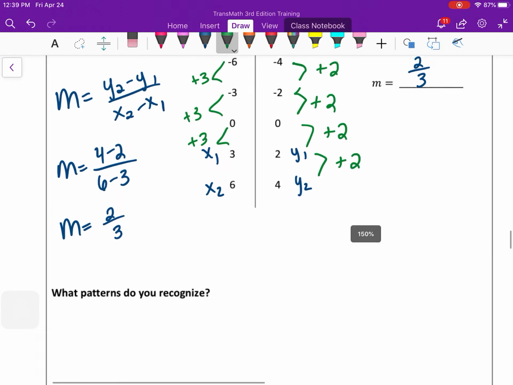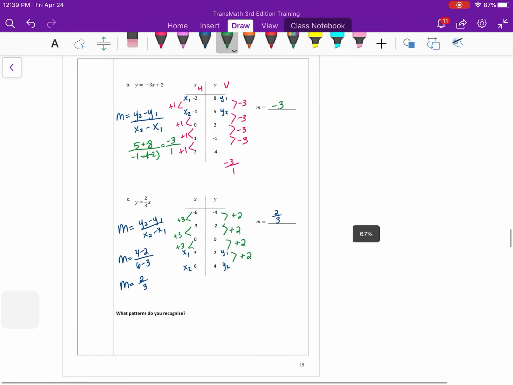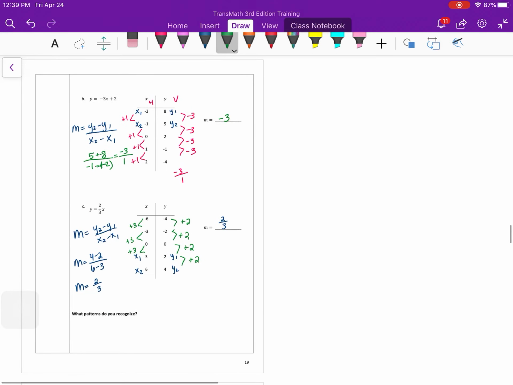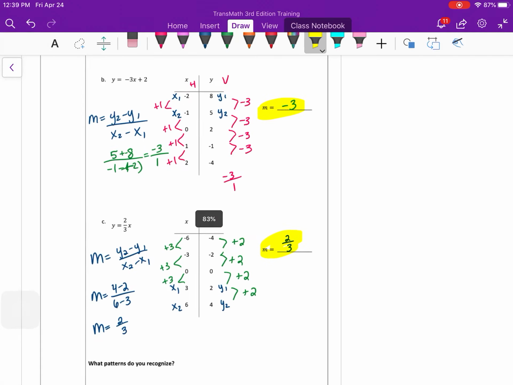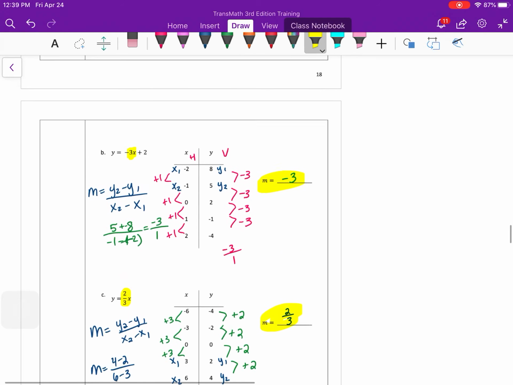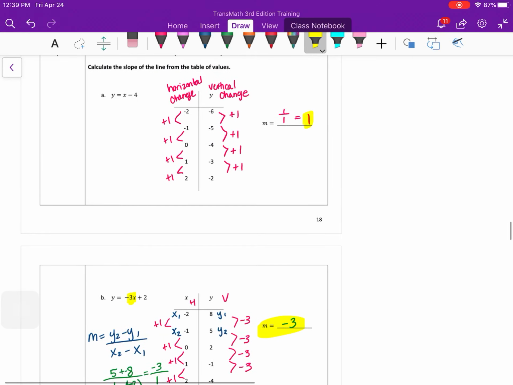What patterns do I recognize? So I'm going to zoom out for a second. I'm going to look at just these two maybe. And what do I notice about the slope of negative 3 and the original equation? Notice that it's negative 3x and 2/3 x. Let's look back up here. We had a slope of 1, and look, we have a 1x.